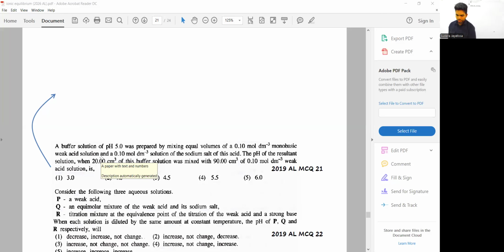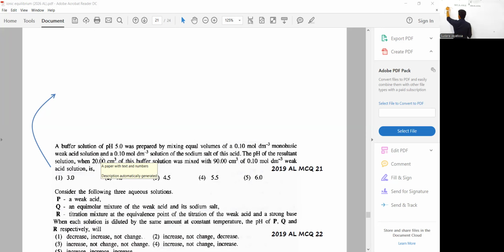The 2019 question we will do first. It says a buffer solution of pH 5 was prepared by mixing equal volumes of 0.1 N monobasic weak acid and 0.1 N solution of the sodium salt of this acid. First of all, they are telling us about a buffer.